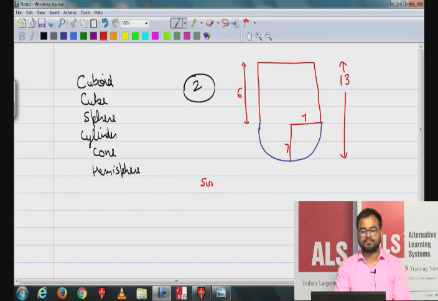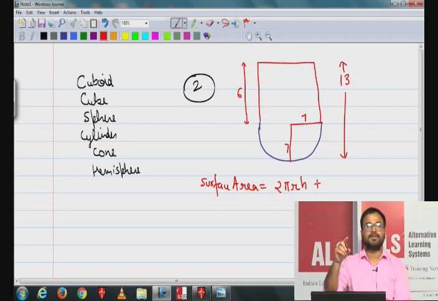For the cylinder, curved surface area is 2 pi rh, and for the hemisphere, the inner surface area is 2 pi r square, since 4 pi r square is for the sphere.